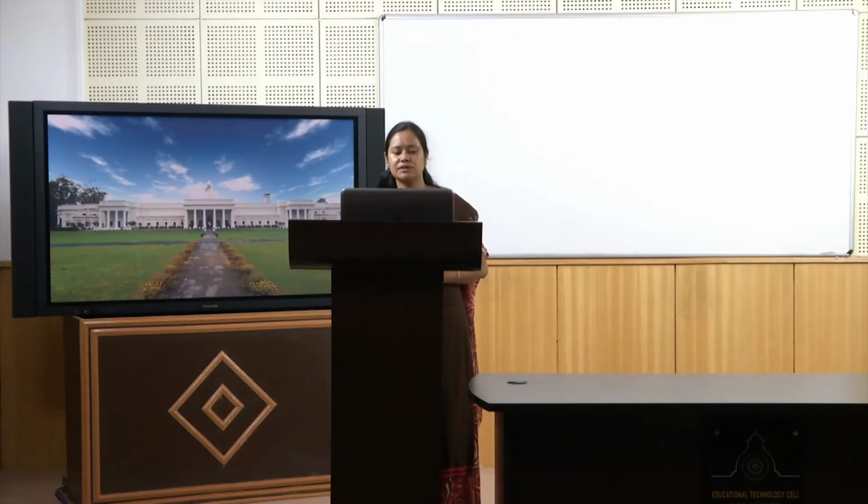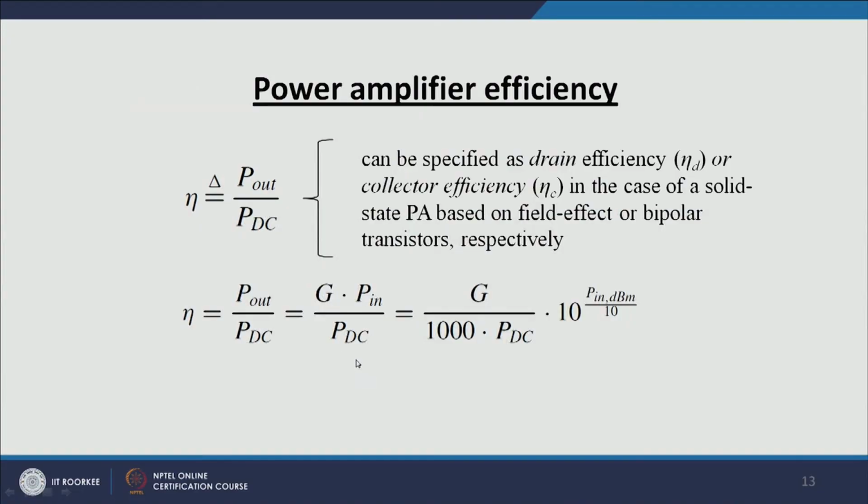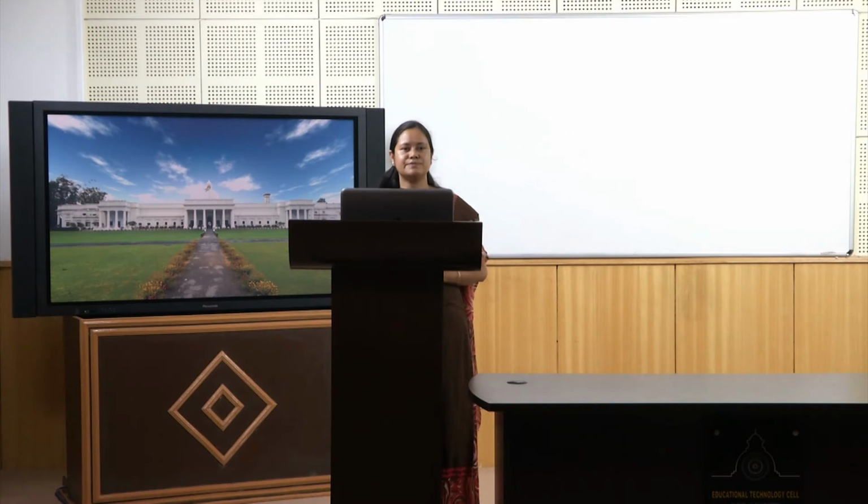So we can use this formula for dBm. If we have powers in watts, we can simply use the other one. Then PDC is simply the DC power consumed by the system, which can be calculated by multiplying the voltage and current values provided in the data sheet of the power amplifier.